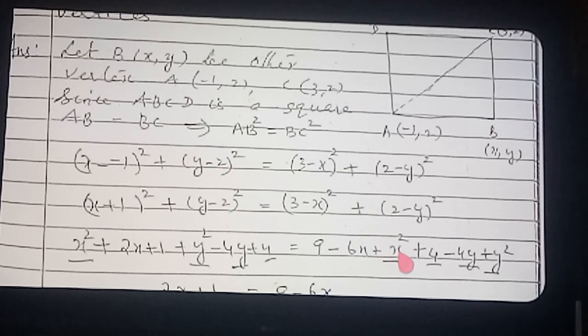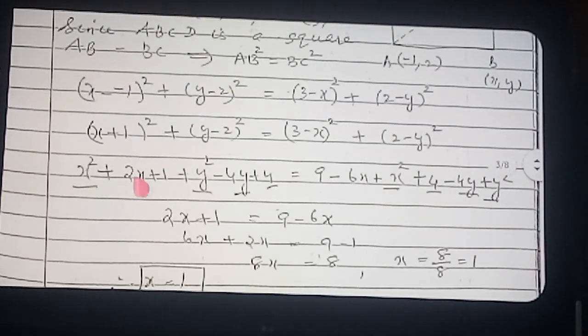After expanding, cancel the same terms from the LHS and RHS. Finally, you get 2x plus 1 is equal to 9 minus 6x. Bringing 6x to this side, 8x is equal to 8. So the value of x is 1.